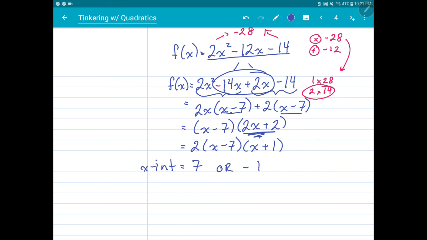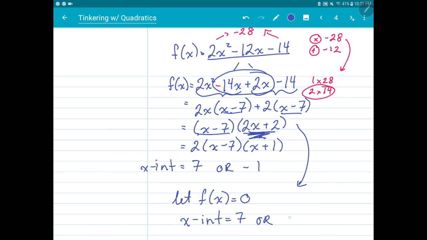Now suppose that you didn't realize to do this step. Well, you could have just found the x-intercepts from there by letting f of x equals 0, because that's where the x-intercepts are. It's when your output is 0. And so what numbers could make that 0? Well, from the first part, you can clearly see it's 7. So one of your x-intercepts is going to be 7.